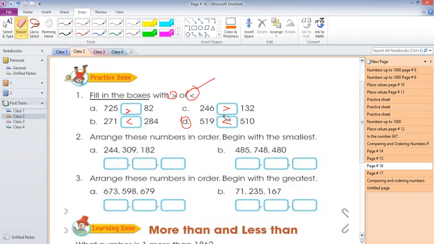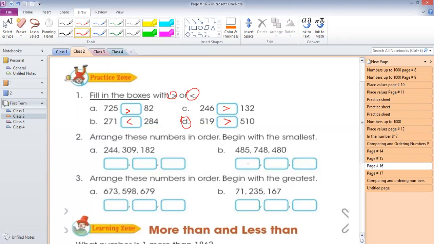Okay. Which sign then? You mean that? Yeah. Why this sign? Because it's bigger.